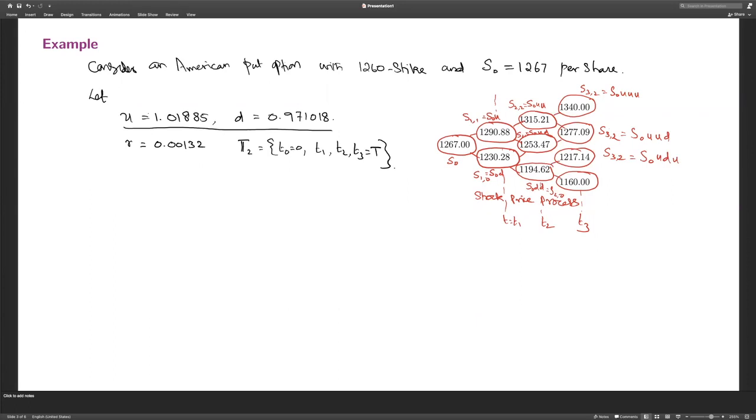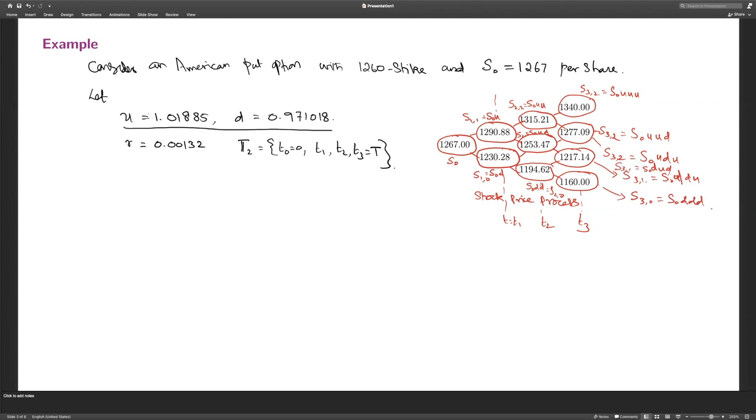Sorry, this is this one, and this one is S31, which is equal to S0 UD, S0 DU, and this is also S31, which is equal to S0 DUD, and this is S30, which is S0 DDD, right?